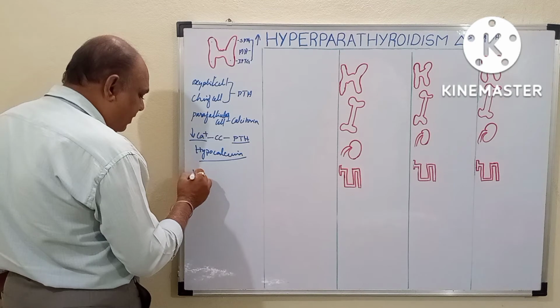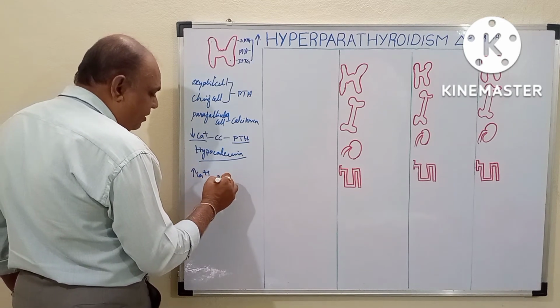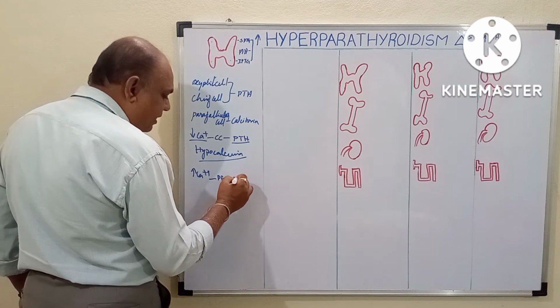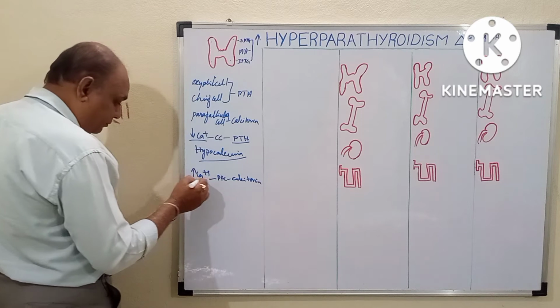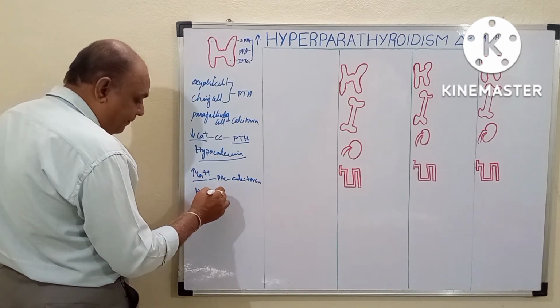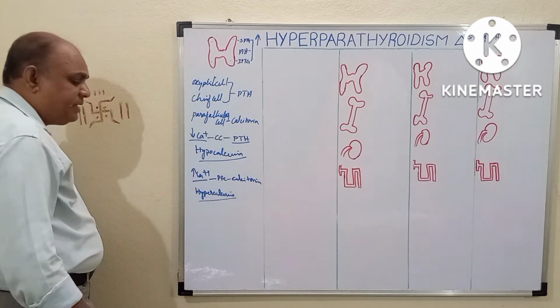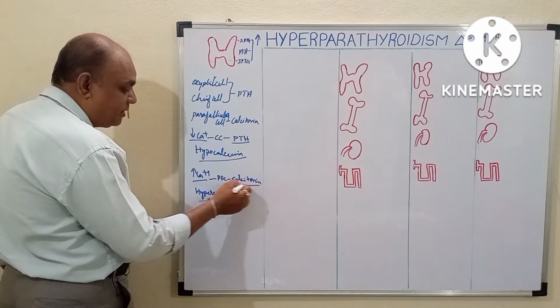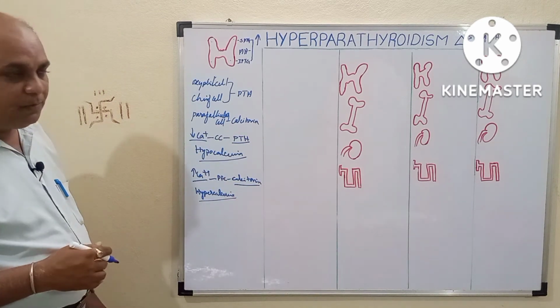When there are high calcium levels in the blood, the parafollicular cells will secrete calcitonin. High calcium level means hypercalcemia. So, hypercalcemia is primarily responsible for calcitonin secretion and hypocalcemia is primarily responsible for parathyroid hormone secretion.